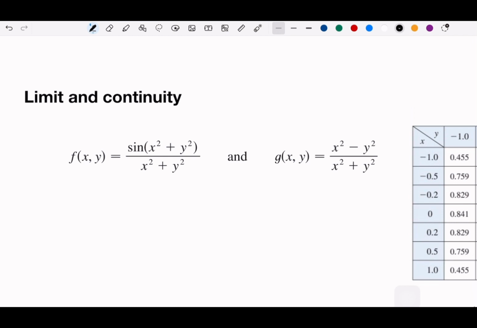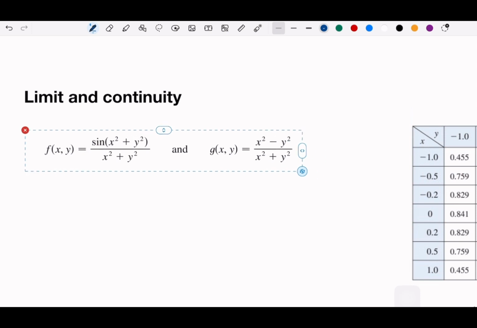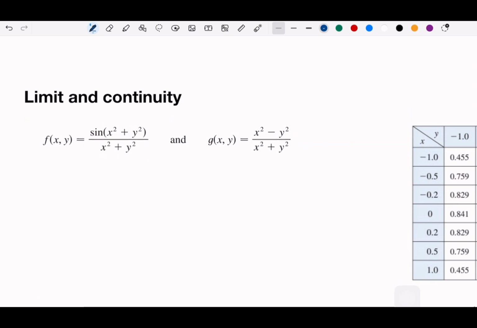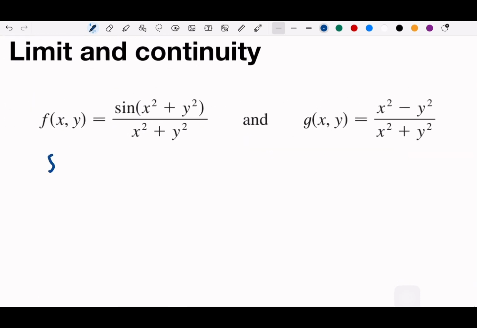And suppose that this f, or maybe let me write here. Suppose that x and y both approach 0.